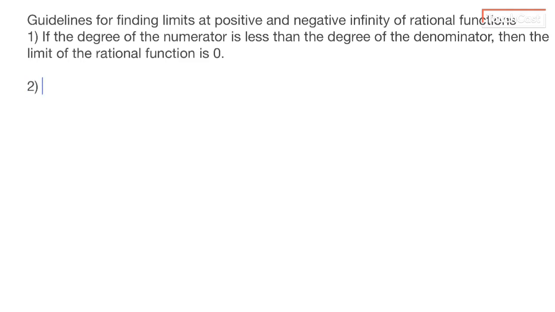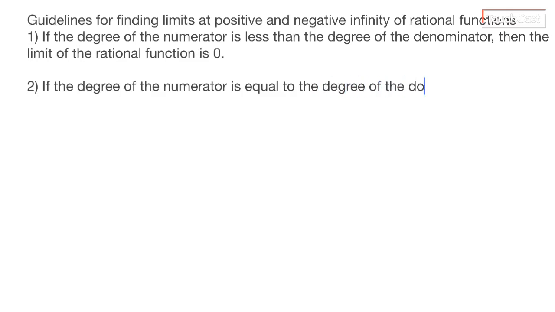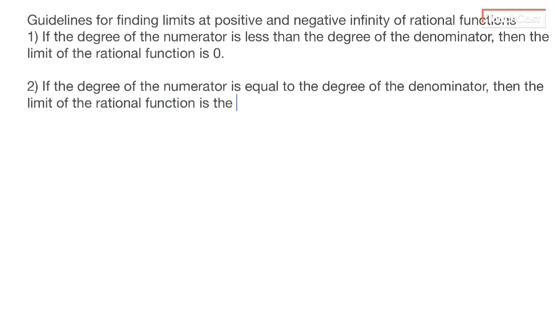The second guideline, second thing to live by, if the degree of the numerator is equal to the degree of the denominator, then the limit of the rational function is the ratio of the leading coefficients.